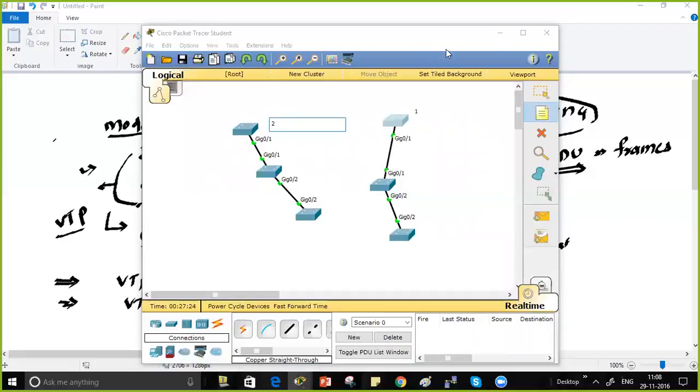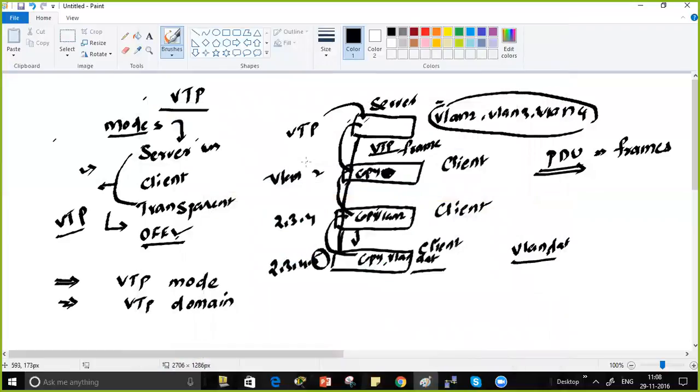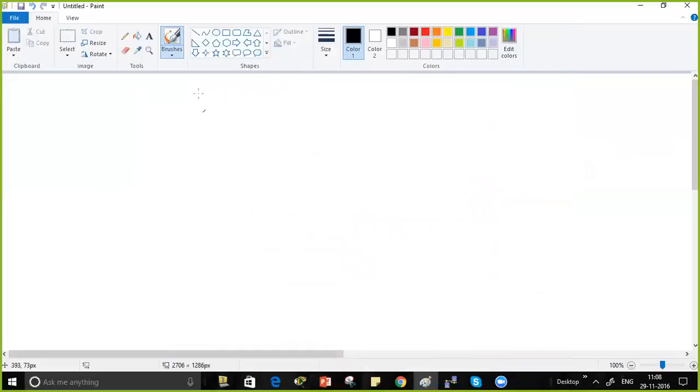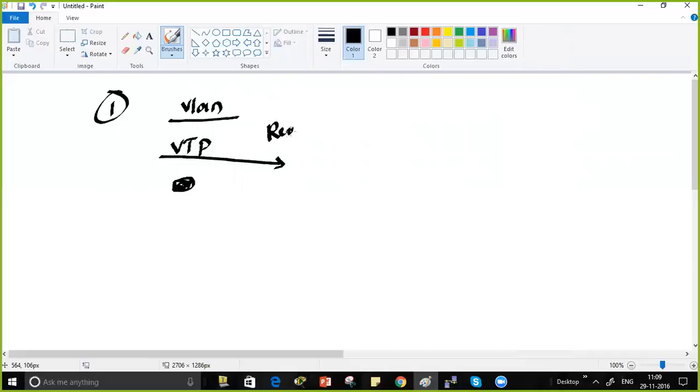In the first one, I configured VLAN first, right? If you configure VLANs and after that you configure VTP mode, at that time it will not reflect this VLAN information. This VLAN information will not consider the revision number. What is a revision number? I will explain, okay?